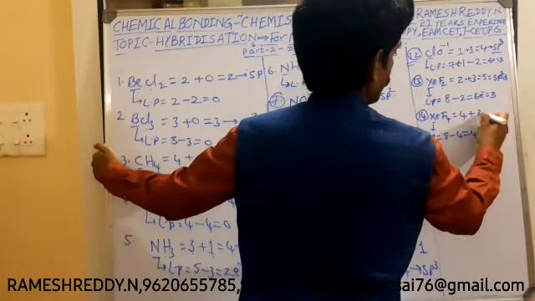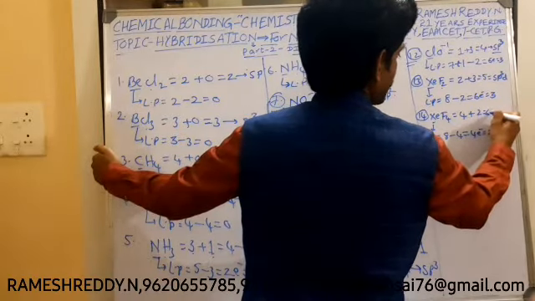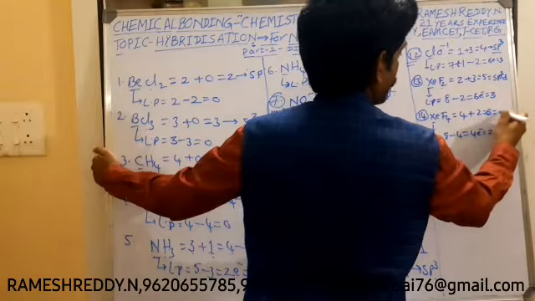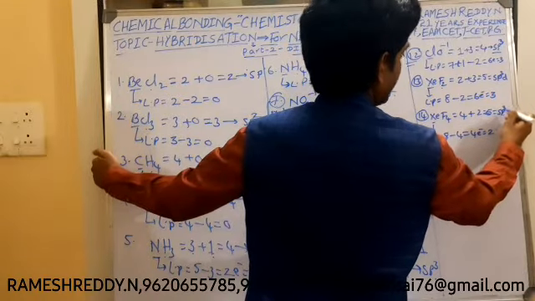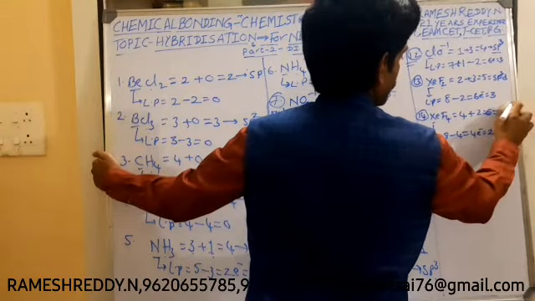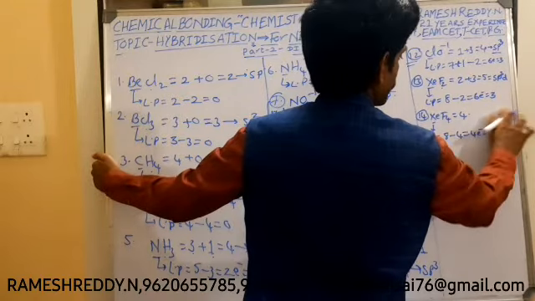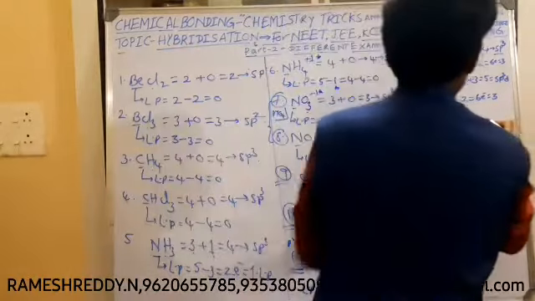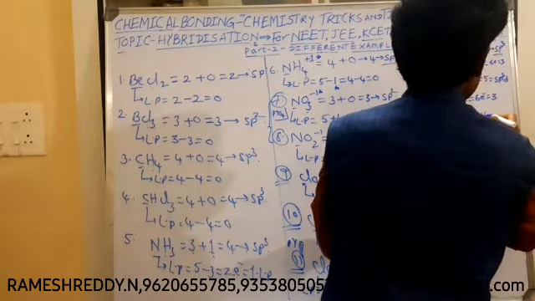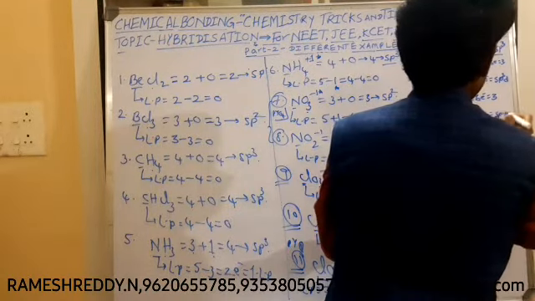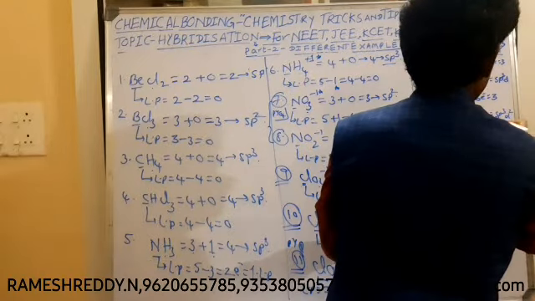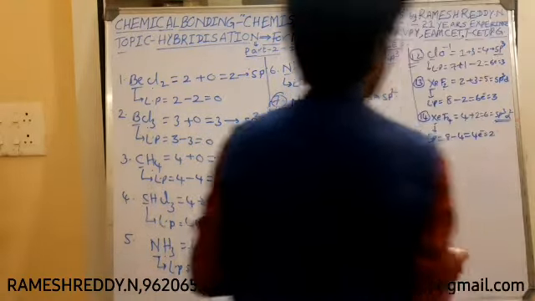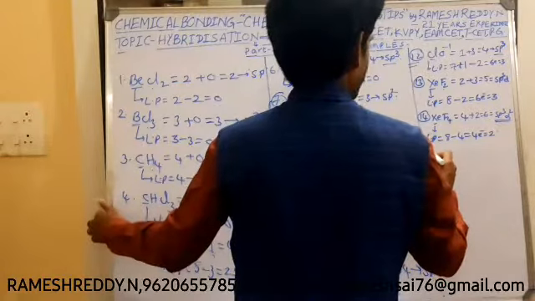So 4 plus 2, that is 6. 6 means the molecule undergoes sp3d2 hybridization. Right.